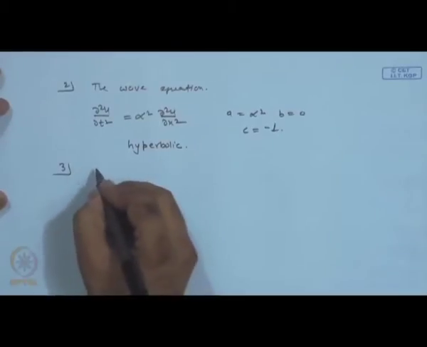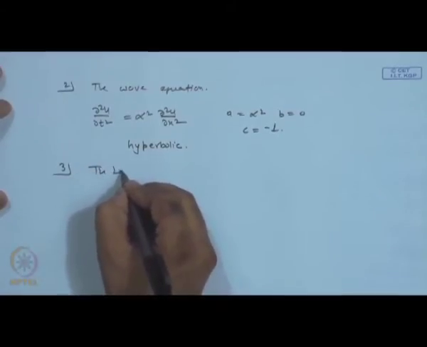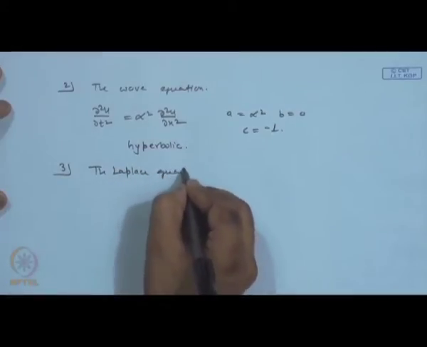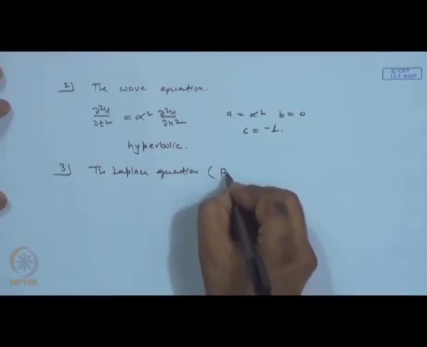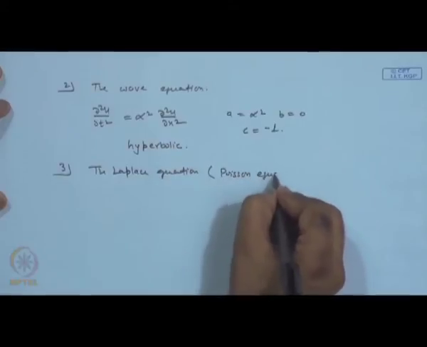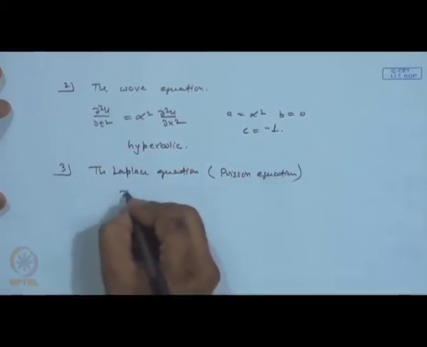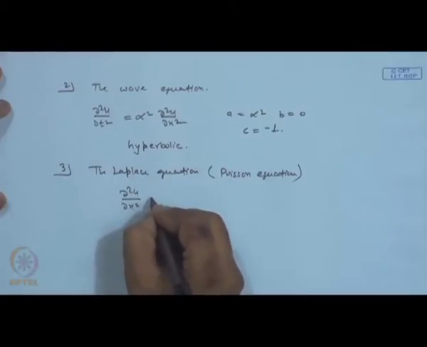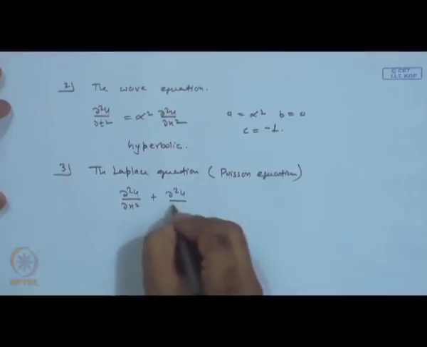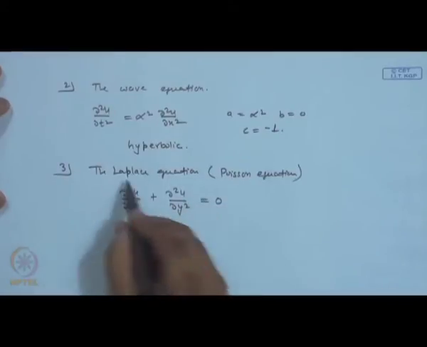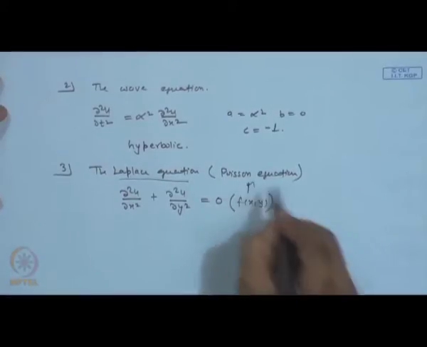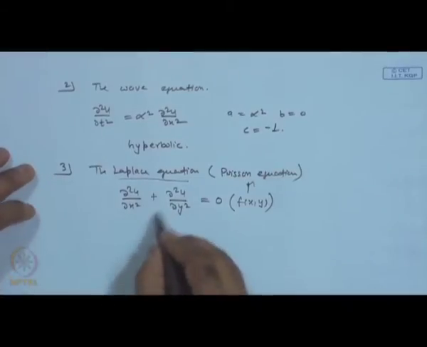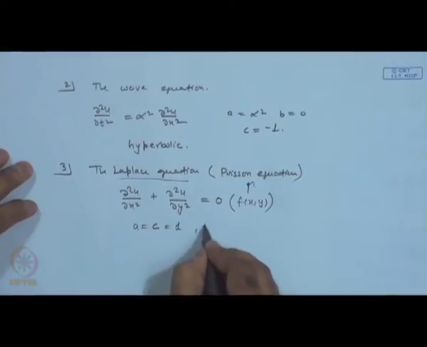The third example is the Laplace equation, and also a variation of it, the Poisson equation. These equations are del 2u over del x square plus del 2u over del y square is 0, which is called the Laplace equation, and if the right side is a function of x, y, then this is called the Poisson equation. Here a is equal to c, which is 1, and b is 0.